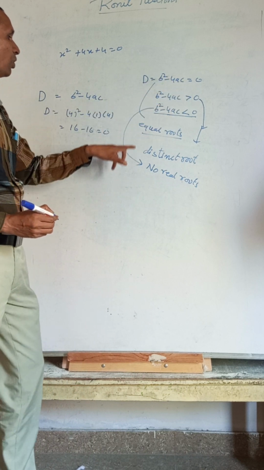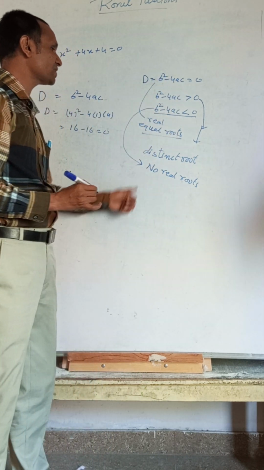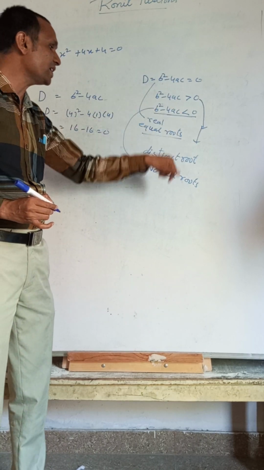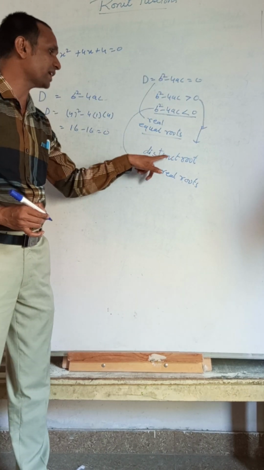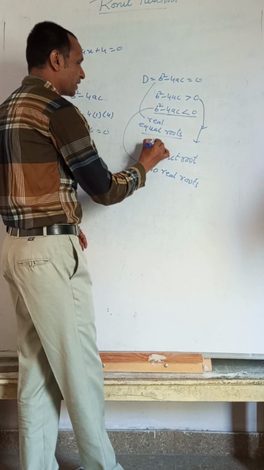If it is equal to 0, the roots are real and equal. If it is greater than 0, the roots are real but distinct, meaning both are different. Real distinct roots.